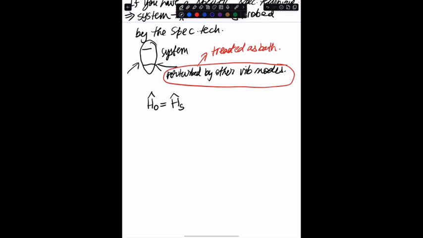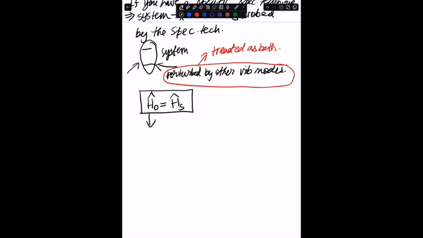So the system Hamiltonian will only contain the energies of the relevant degrees of freedom which you want to probe in your specific experiment. So let me give you a specific example of what we are going to do.